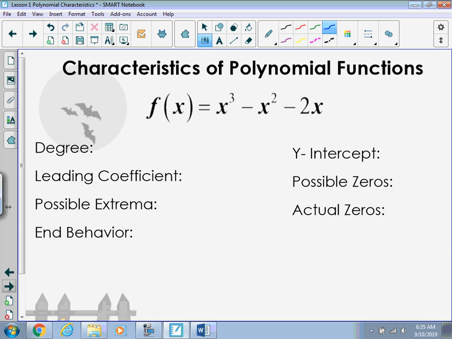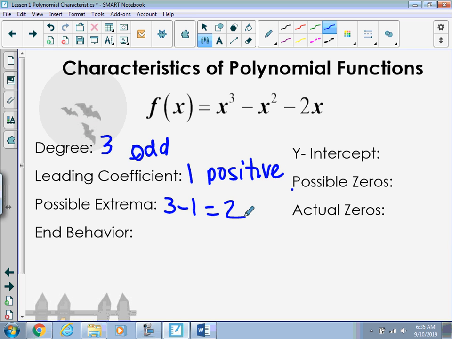So let's take a look at finding all of these characteristics. We've got x to the third, so it's a degree of 3, which means it's an odd function. The leading coefficient is 1, and it's positive. Possible extrema, we take 3 and we subtract 1. We get 2.